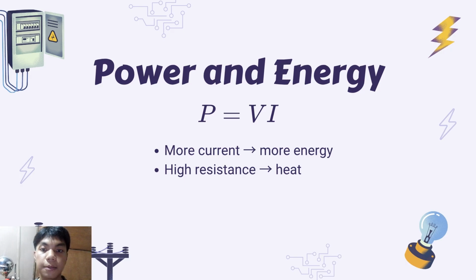In real-life systems, higher power usually means more energy is being consumed. For example, appliances like electric heaters and ovens use high power because they convert electrical energy into heat. It is also important to manage it properly to avoid overheating, energy waste, and potential damage to electrical devices.